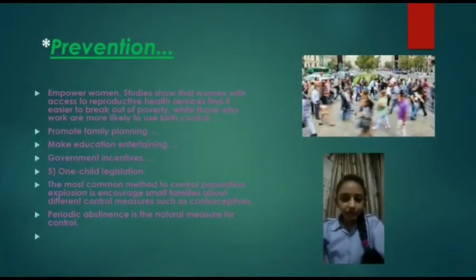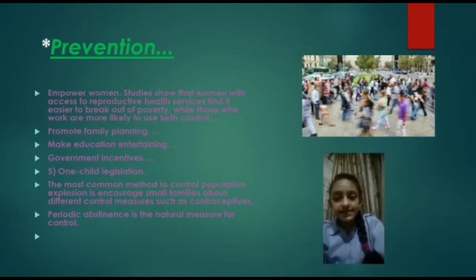How can we control population explosion? Empower women. Studies show that women with access to reproductive health services find it easier to break out of poverty, while those who work are more likely to use birth control.